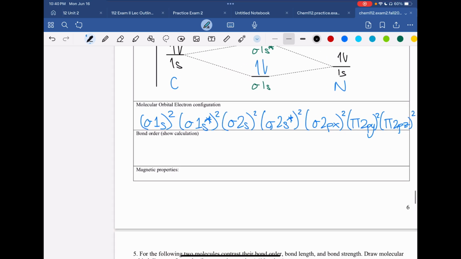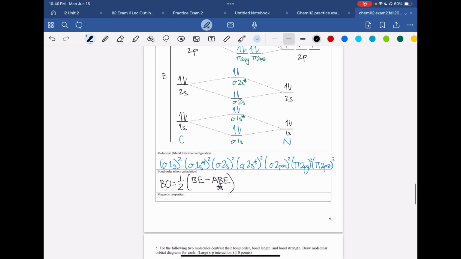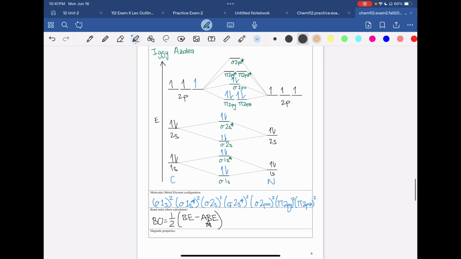Okay. So the formula for bond order is your 1/2, and it is your bonding electrons minus your anti-bonding electrons. This is simply just your stars. Okay, so I'm going to highlight them.